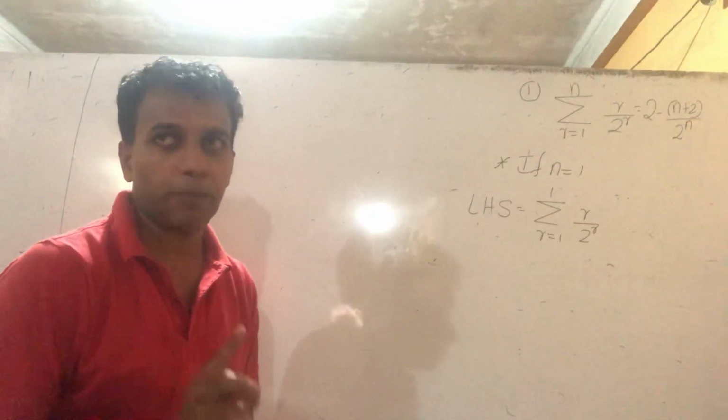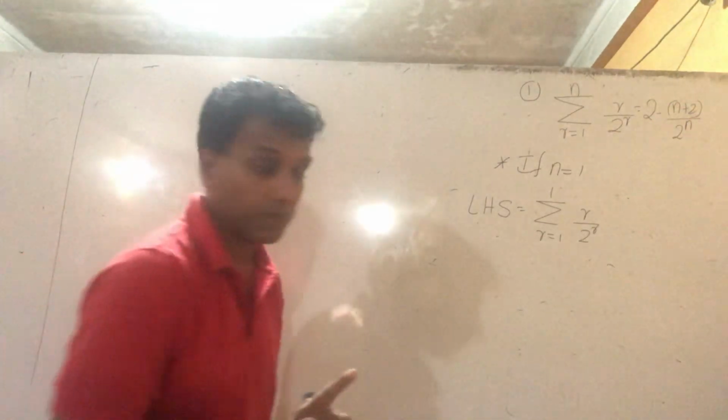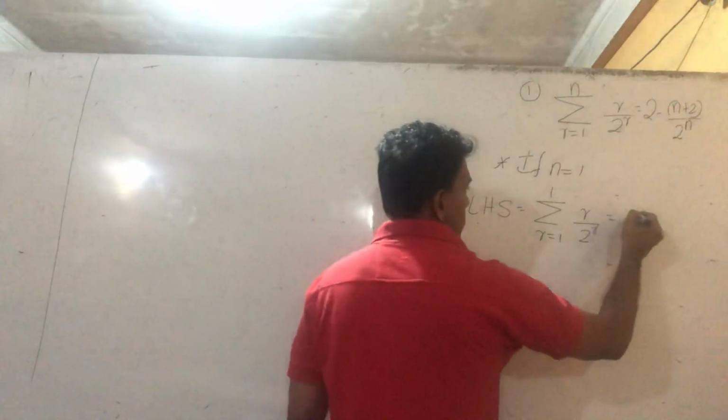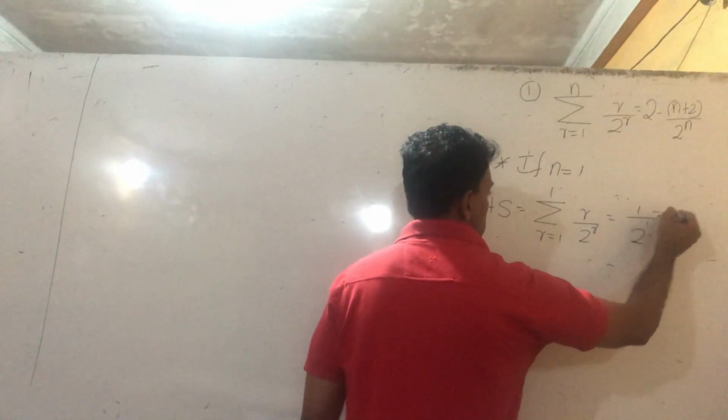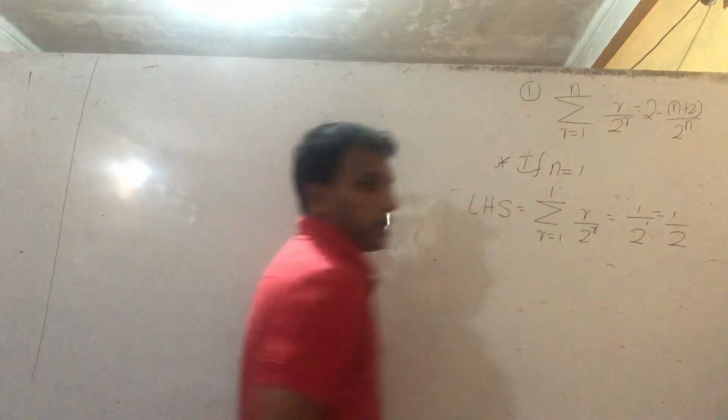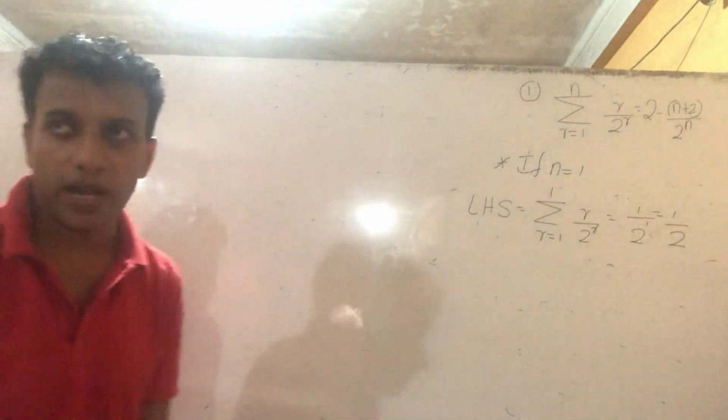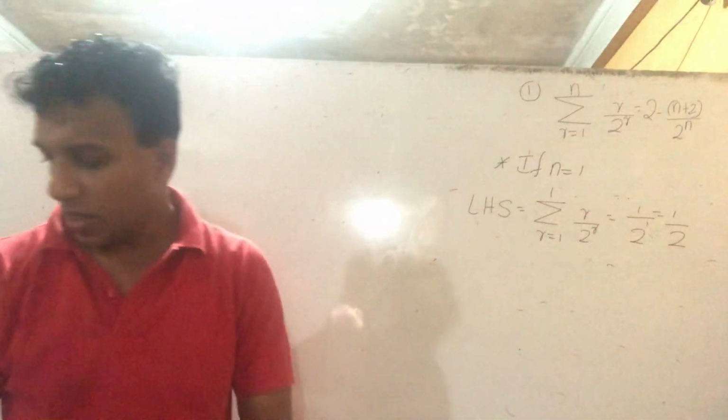Put r for 1: 1 over 2 to the power 1, that is half. LHS is half.